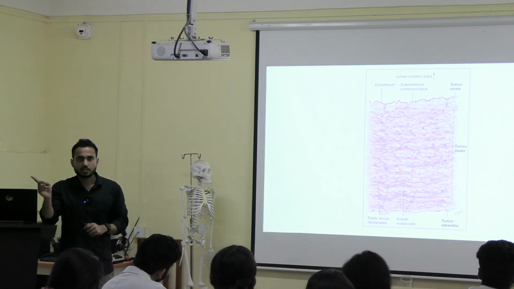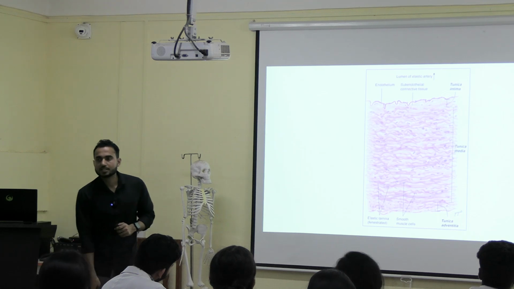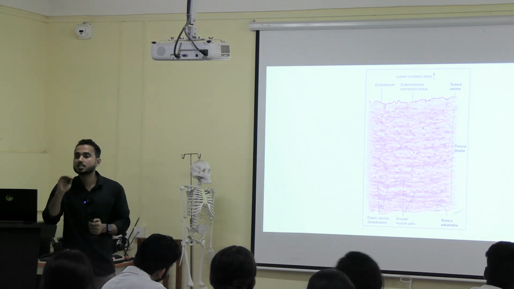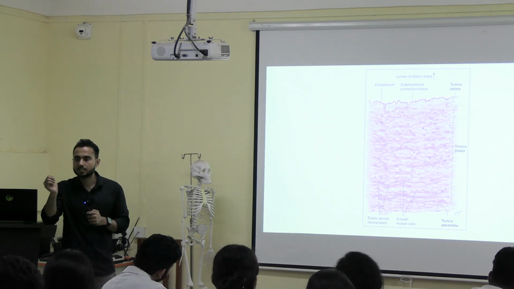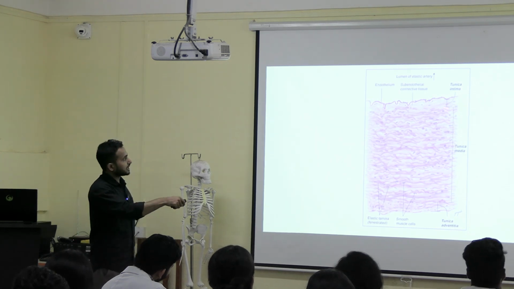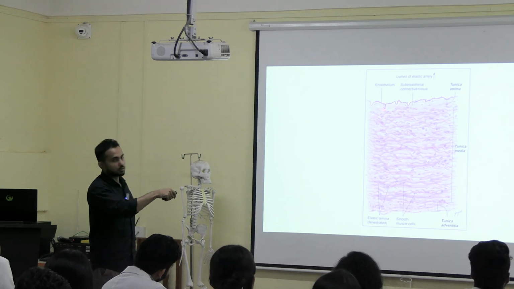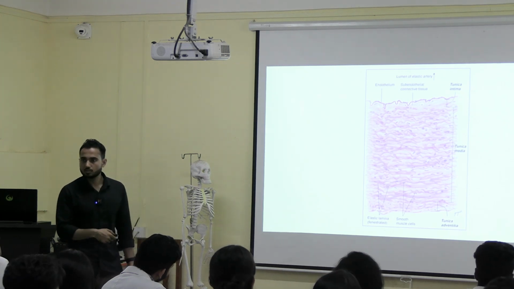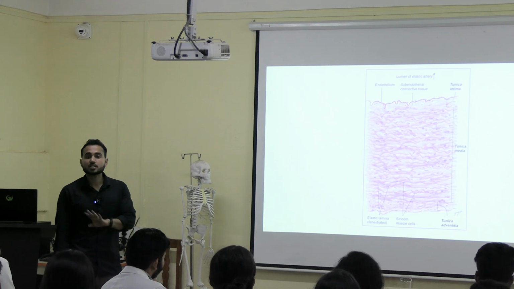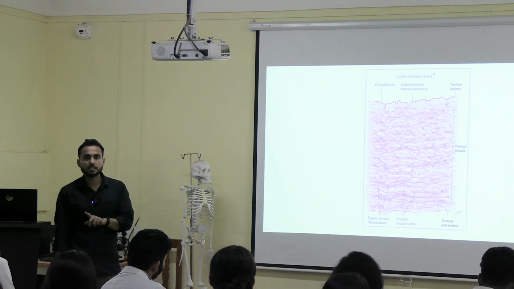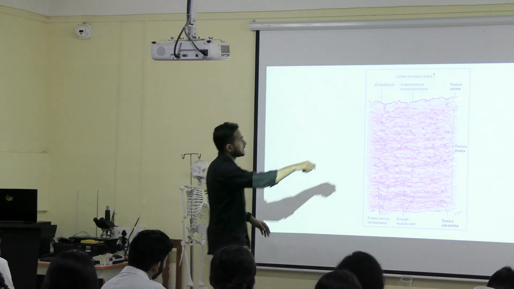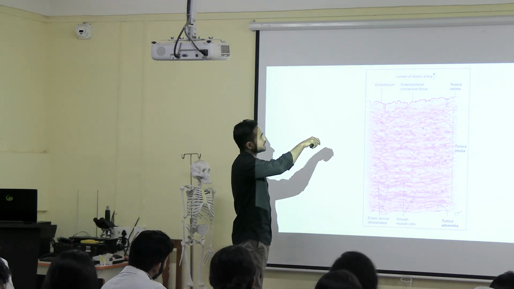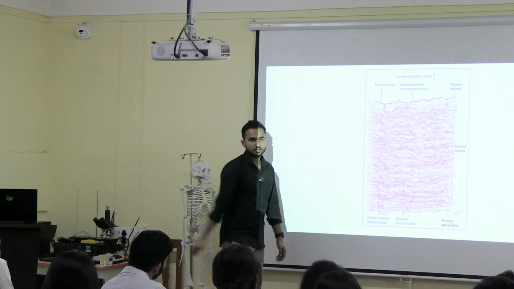As I said, internal elastic lamina is indistinguishable, means it is not prominent in case of elastic artery. So here, can you see the internal elastic lamina? Can you see properly? No, it is there, but it is not prominent. Though it is not prominent, that's why it cannot be seen properly. But it is in this particular area, this one, here is the internal elastic lamina.